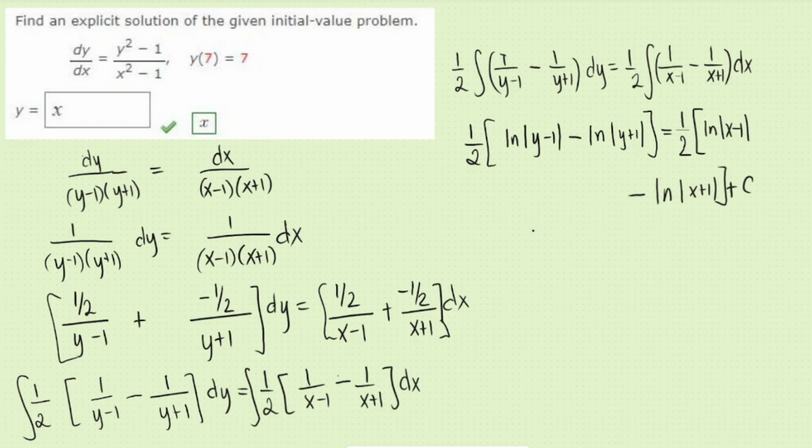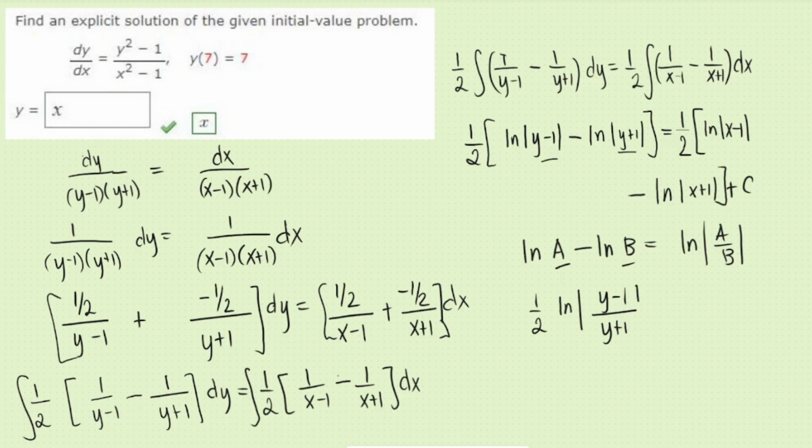So, according to logarithm, there is this rule that says ln of a minus ln of b is just ln of a over b. So we can use this one here and make this like this form. 1/2 ln of our a is y minus 1, our b is y plus 1. So that's it, is equal to, same thing here, we do it like that.